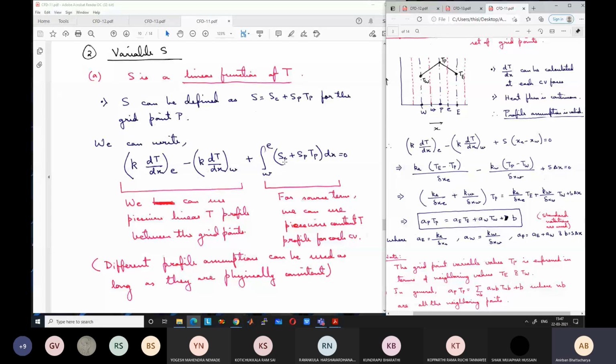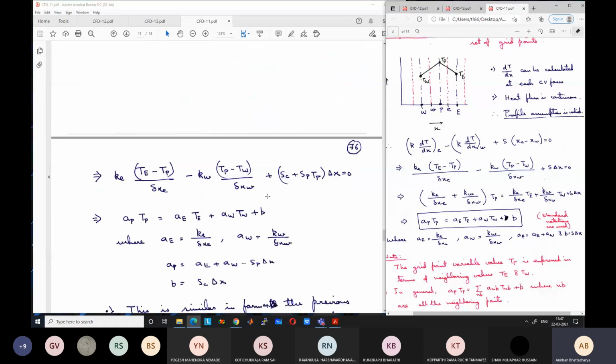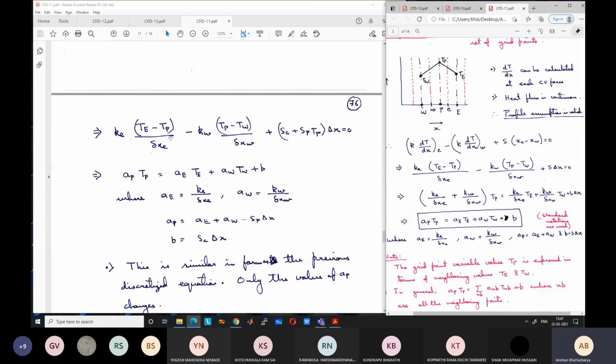So the Sc part is again similar. So the b will have Sc into delta x, and this Sp TP part will go into the coefficient of TP. Okay, so this also we had already discussed. So ke (TE minus TP) by delta xe minus kw (TP minus TW) by delta xw plus (Sc plus Sp TP) into delta x. This can again be written as aP TP is equal to aE TE plus aW TW plus b.